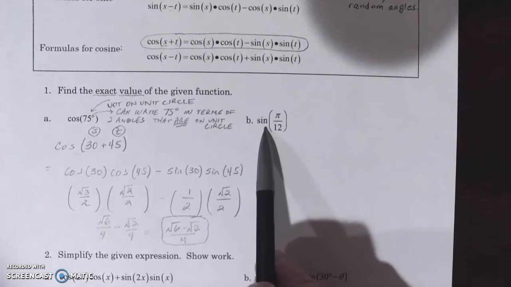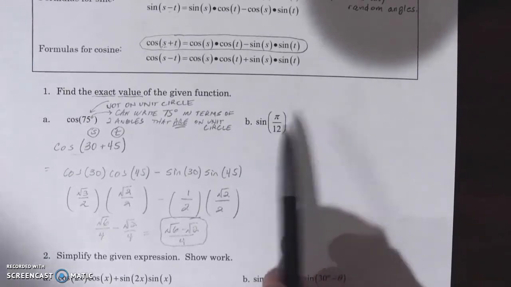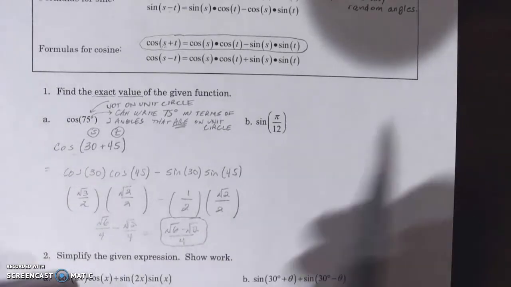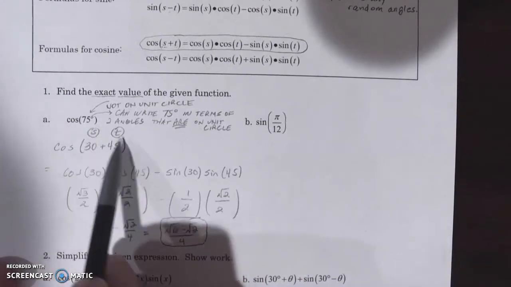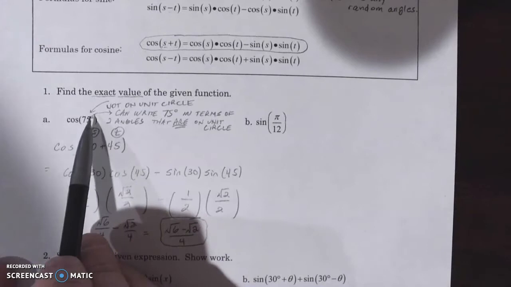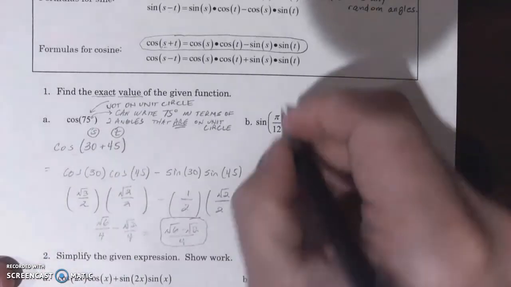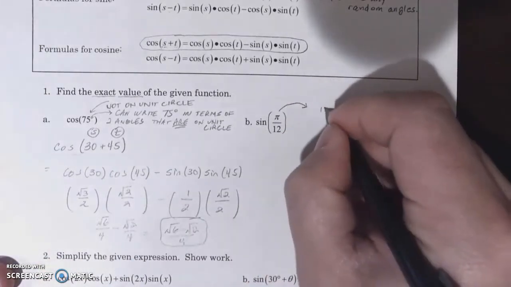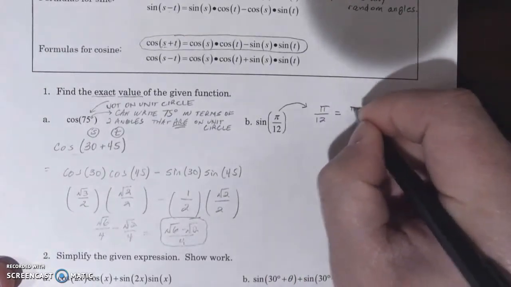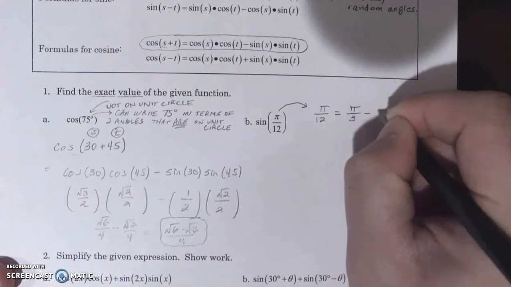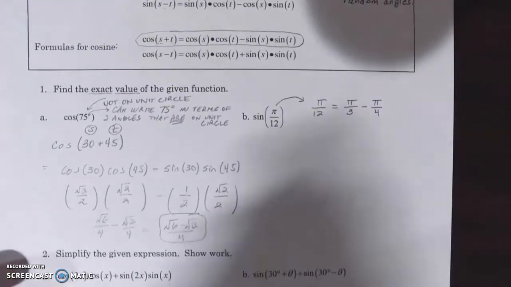We're not going to go all the way through this sine one, but I do want to talk about radian measures. It was really easy for us to see that 30 plus 45 equals 75 because these are numbers. Not quite as easy to see that pi over 12 is the same as pi over 3 minus pi over 4.